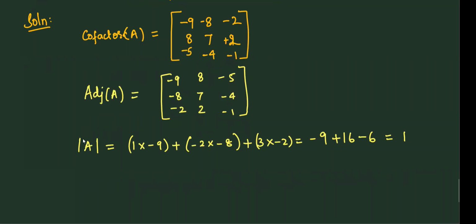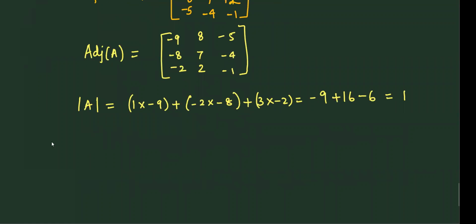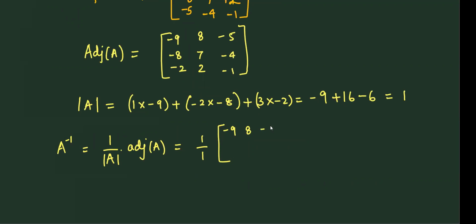So this is the determinant. Now the inverse: A inverse is adjoint A by determinant A. So 1 by 1 times this one: minus 9, 8, minus 5, minus 8, 7, minus 4, minus 2, 2, minus 1.